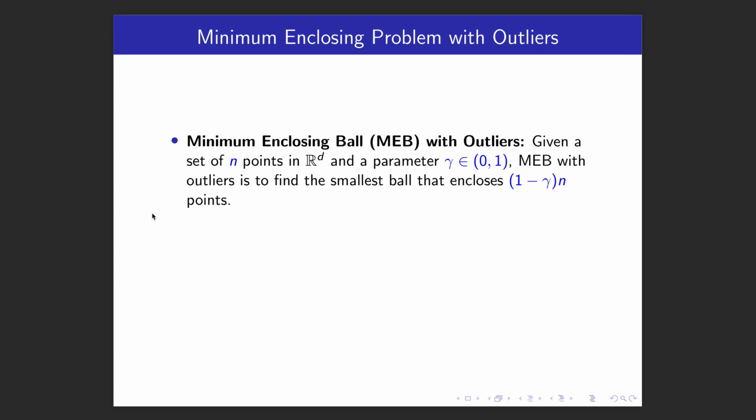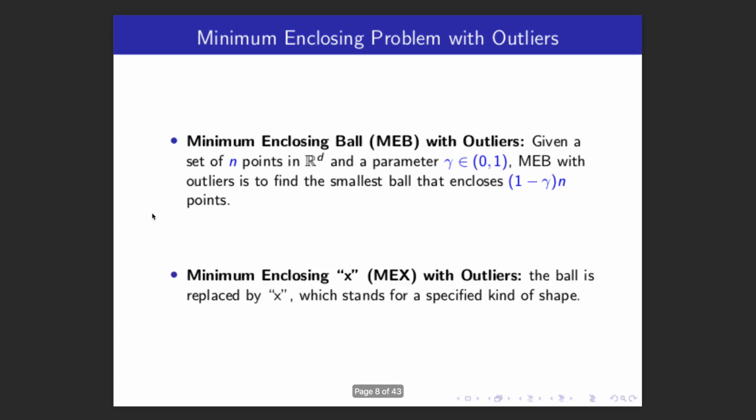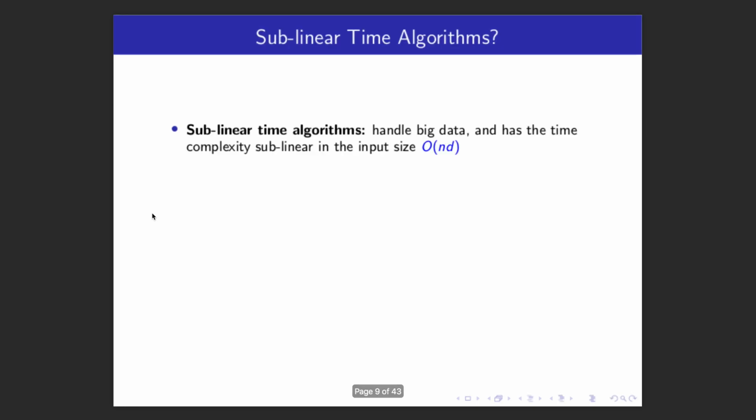For example, if gamma is equal to 10%, that means we allow 10% outliers, and we want to cover at least 90% of the input. And also in this paper, we consider the general problem, which is called minimum enclosing X with outliers. Here, the ball is replaced by X, which stands for a specified kind of shape we will discuss later.